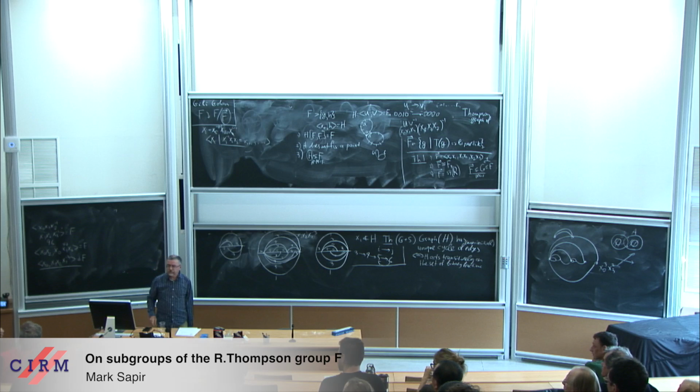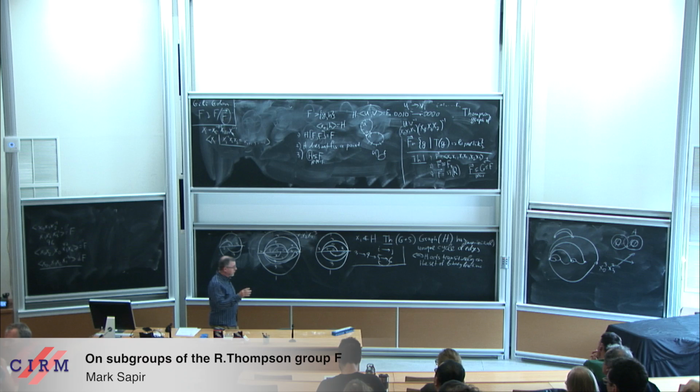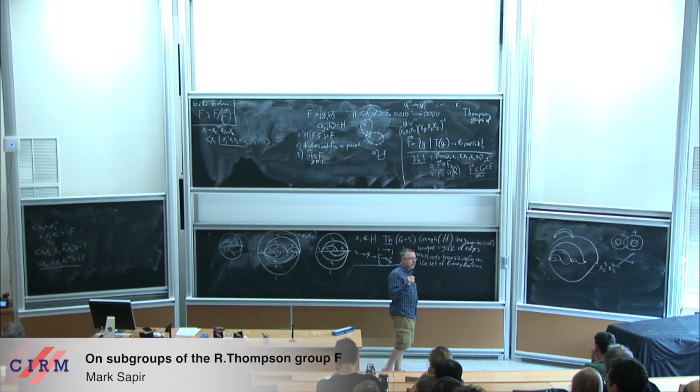A couple of quick questions. He considered these subgroups, are they coamenable? Yes, that's true. For the Thompson group, we don't know. A subgroup is called coamenable if the Schreier graph is amenable.